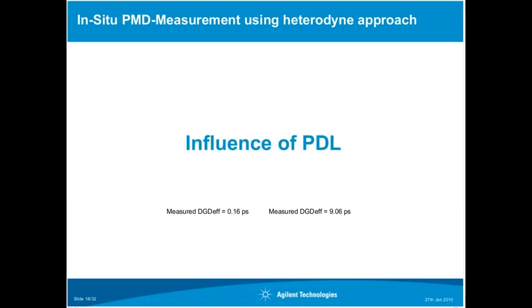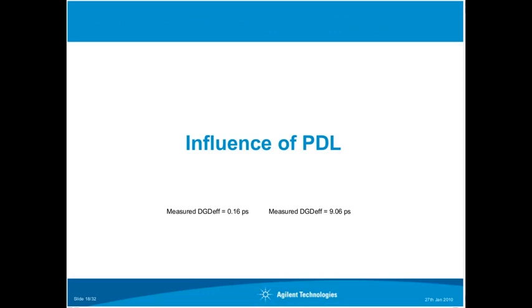So that was PMD. What about PDL now? And actually, why didn't people talk about PDL before? PDL, to my knowledge, is coming up now when you talk about higher or better modulation schemes, which not necessarily include pol-mux. Pol-mux is surely a driver for having a concern about PDL.